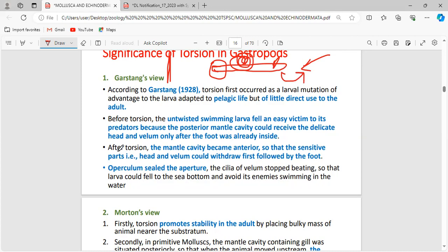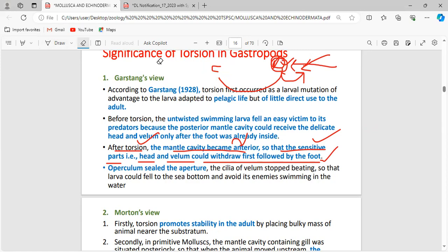After torsion, the mantle cavity becomes anterior, so that the sensitive parts, the head and the velum, could withdraw first, followed by the foot. The sensitive parts, head and velum, are present in the anterior region, so they are sensitive to external dangers and the animal can turn back to a safe area.